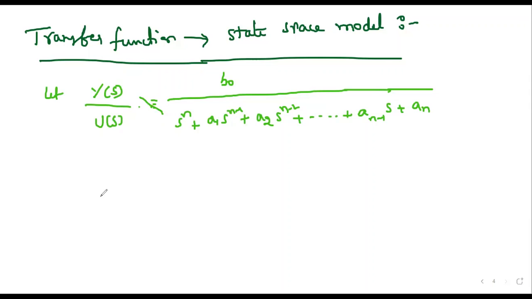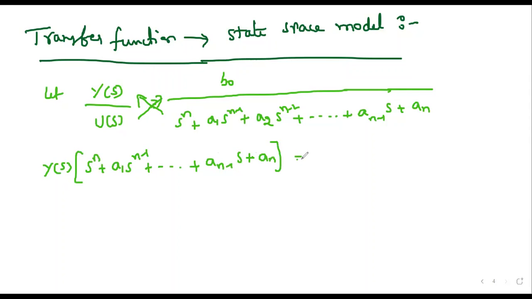Therefore what we get: Y of s into s power n plus a1 s power n minus 1 plus and so on plus a n minus 1 s plus a n is equal to b naught into U of s.